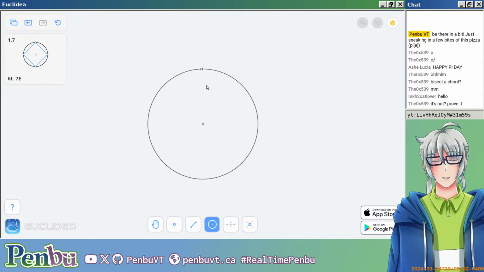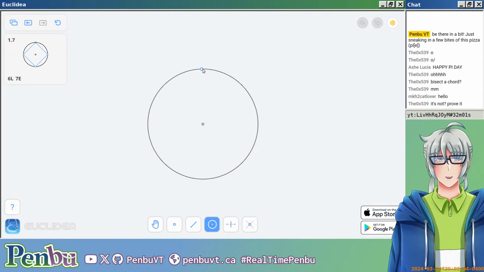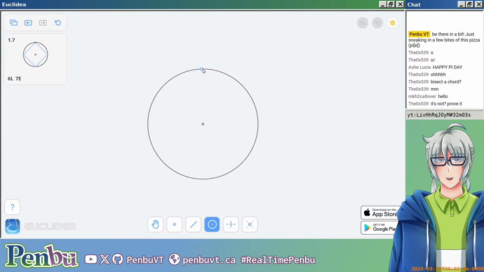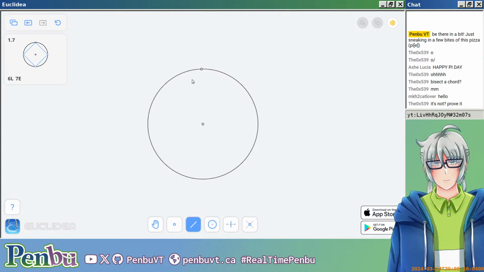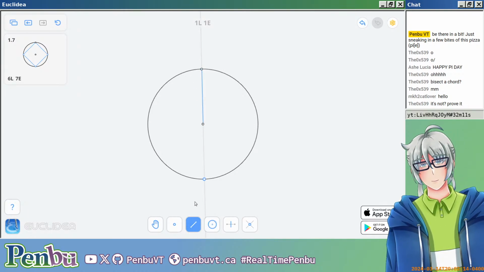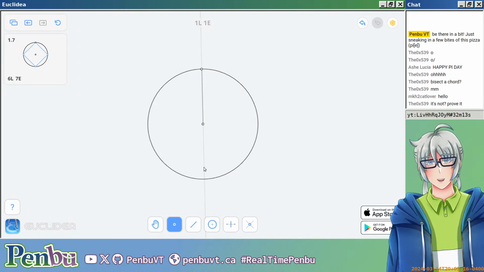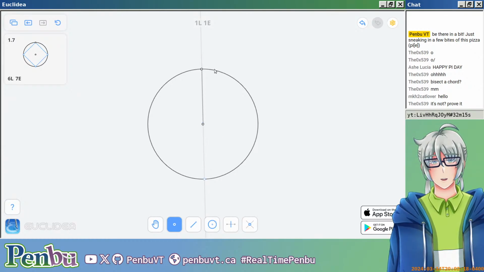One property that we know of squares is that all sides have to be of equal length. So we know what the other one looks like, which means this is the direct opposite of this vertex.